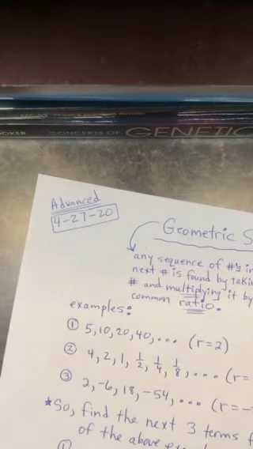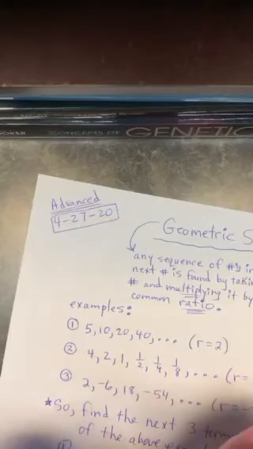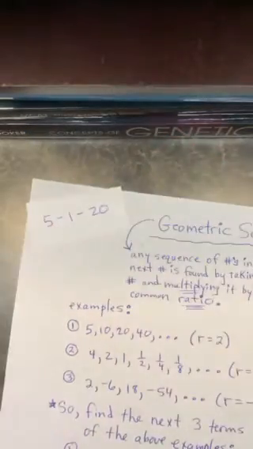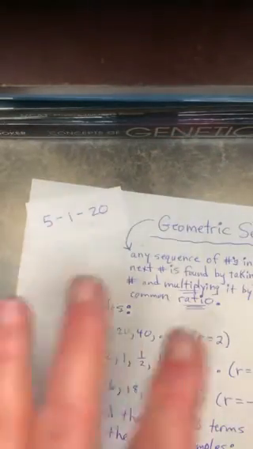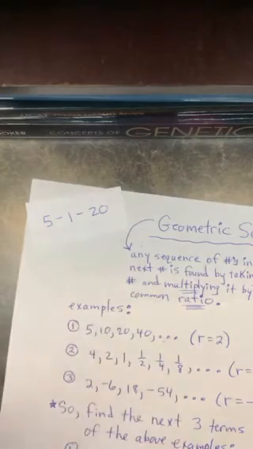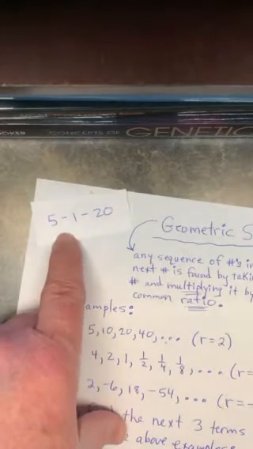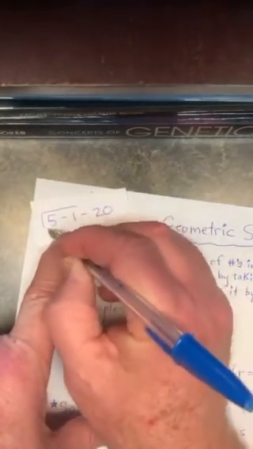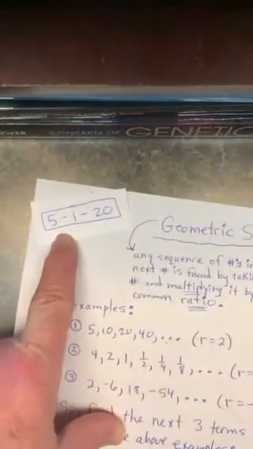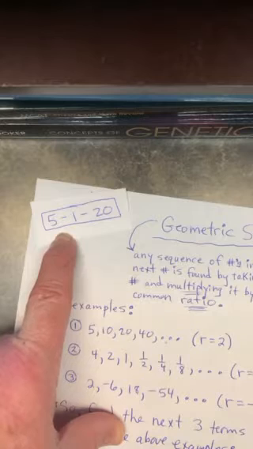If you are in Advanced Math Trig and you're in Mod 7, you guys are taking these notes and learning this material a little bit later in the week. For you, you're putting 5-1-20, Friday, May 1st, in the top left corner of your paper.